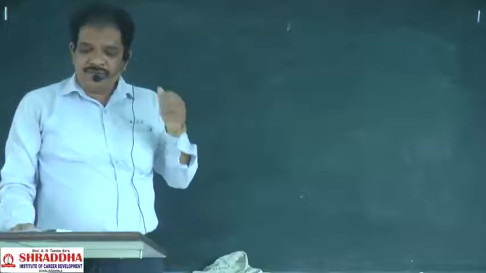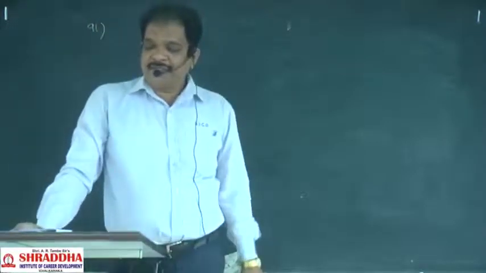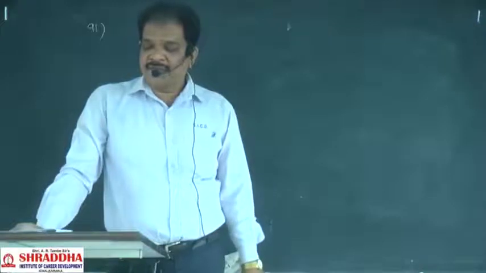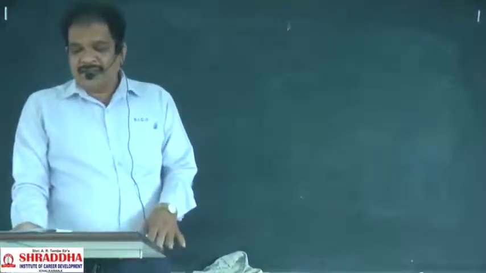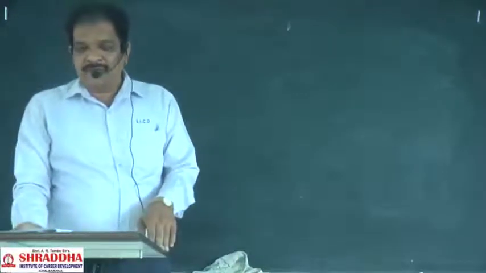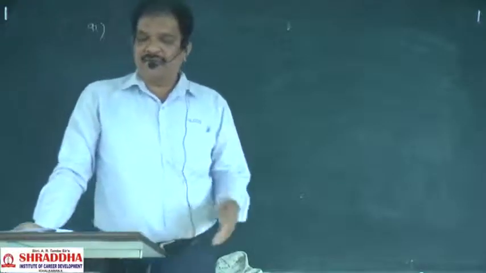Value of universal gravitational constant in CGS system is 6.67 into 10 power minus 8 dyne centimeter square per gram square. What is its value in SI system?